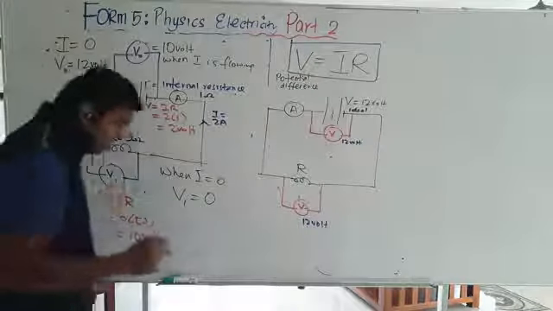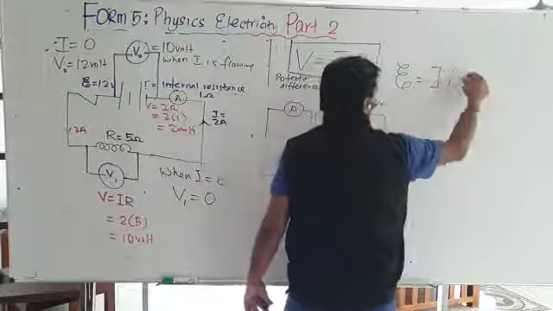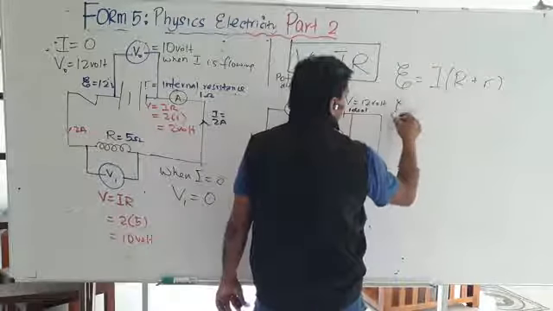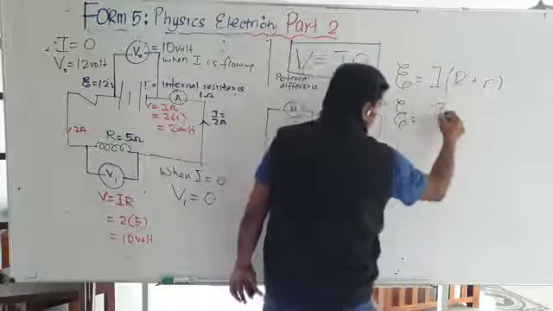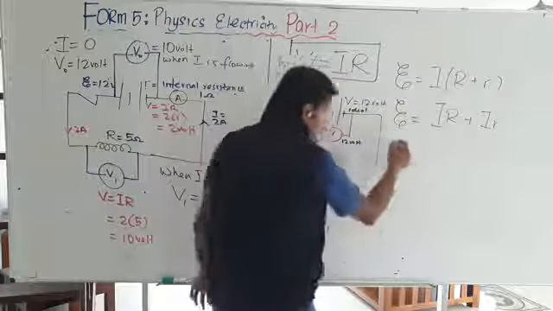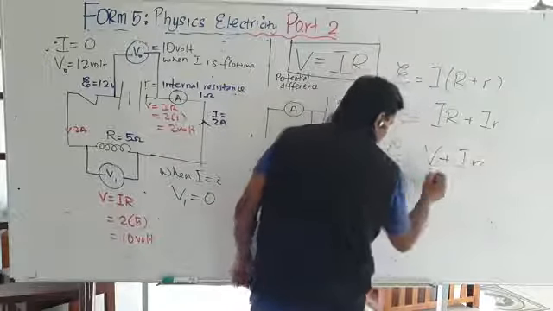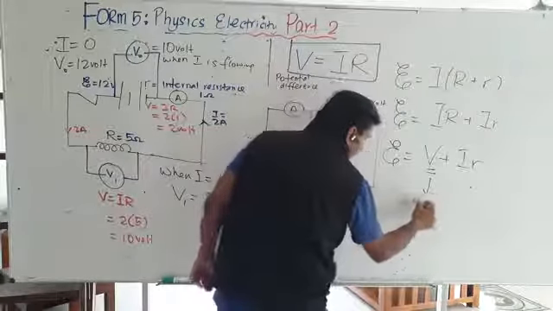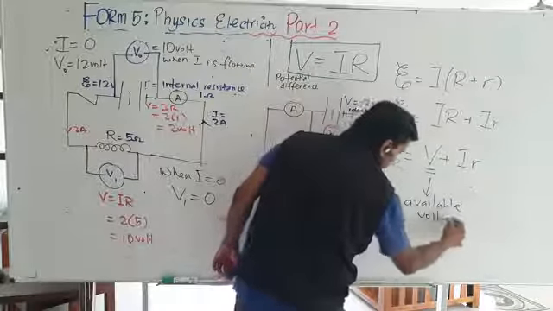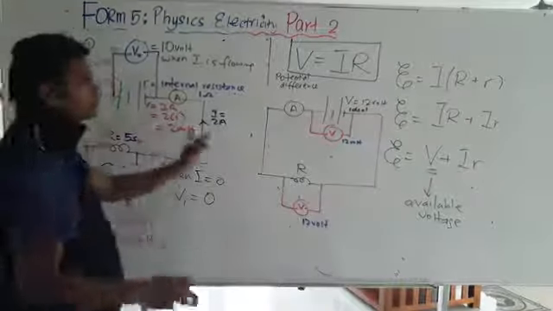So this is where the formula comes in. The formula can be written like this: E = I(R + r), with R being the external resistance and small r the internal resistance. All right, sometimes they will write E = IR + Ir, same thing. Or they might just write E = V + Ir. What is V here? V is the available voltage for the external circuit after you minus off the internal.